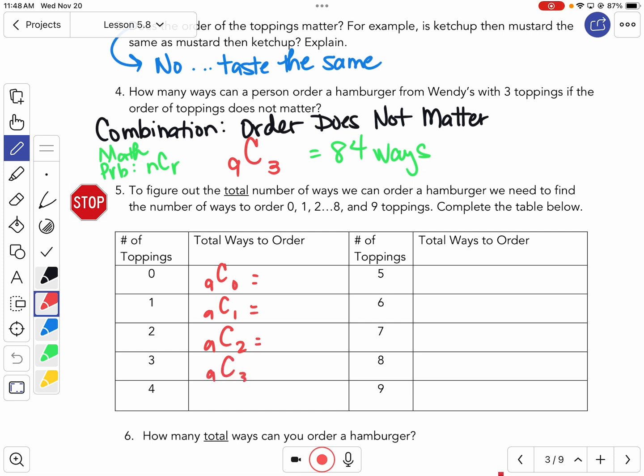Let's fill in that chart. You'll see some interesting things when you get all those numbers here in just a second.